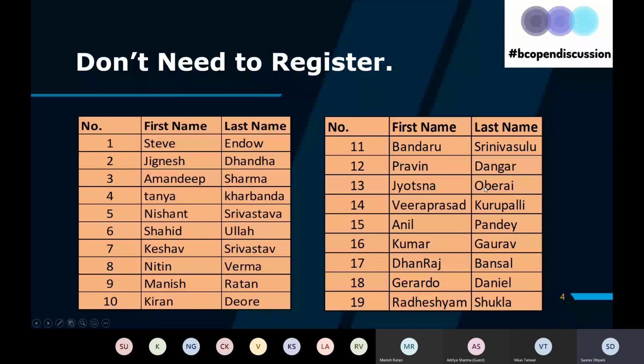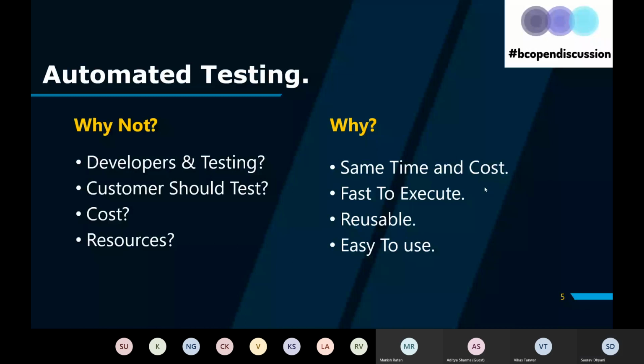So let's talk about automated testing. And the first question is, why not? The first question that you may think while you listen about it is, I'm a developer, why should I be doing testing? The second most obvious question in your mind is, customers should test.